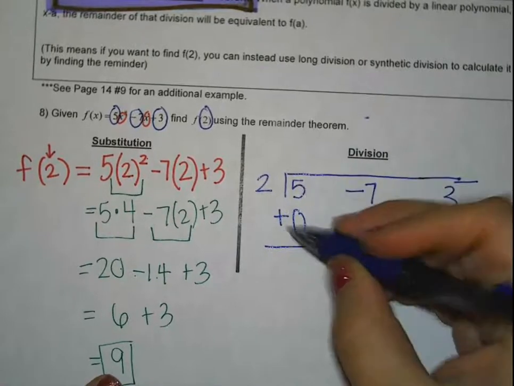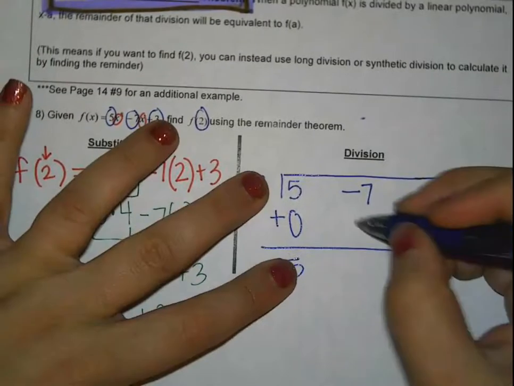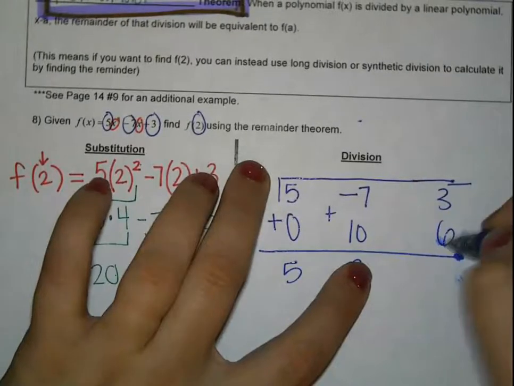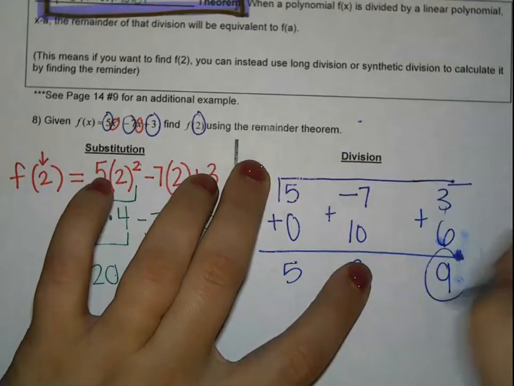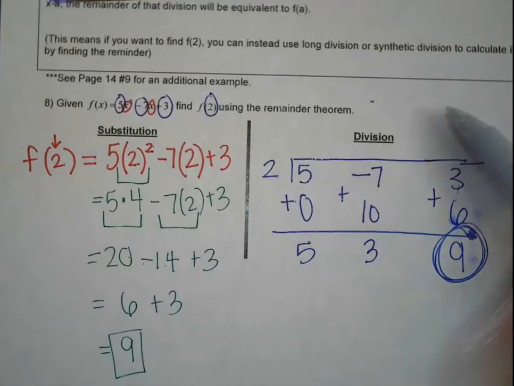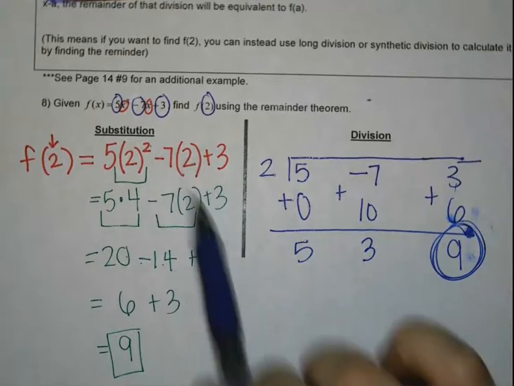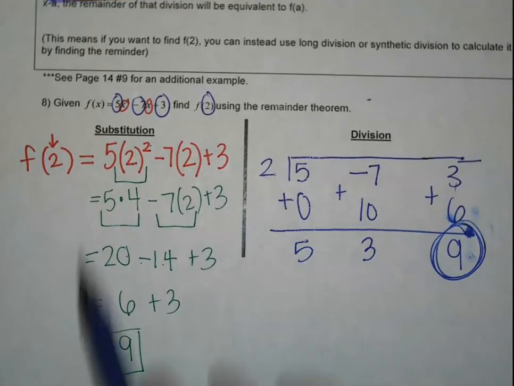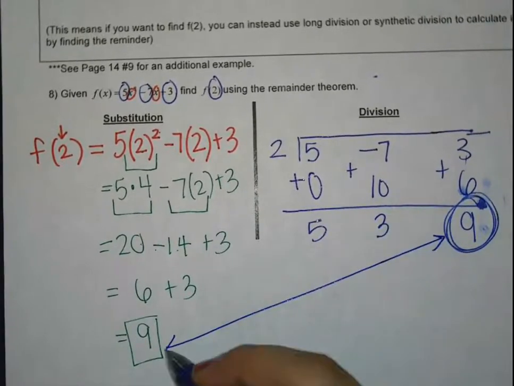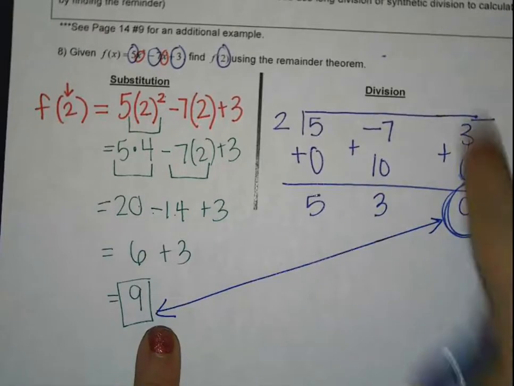And then I'm going to add, multiply, add, multiply, add. And that was way quicker, especially if the problem was really nasty and had a lot of exponents and I didn't have a calculator. So this is what the remainder theorem says. You get the same answer by using division.